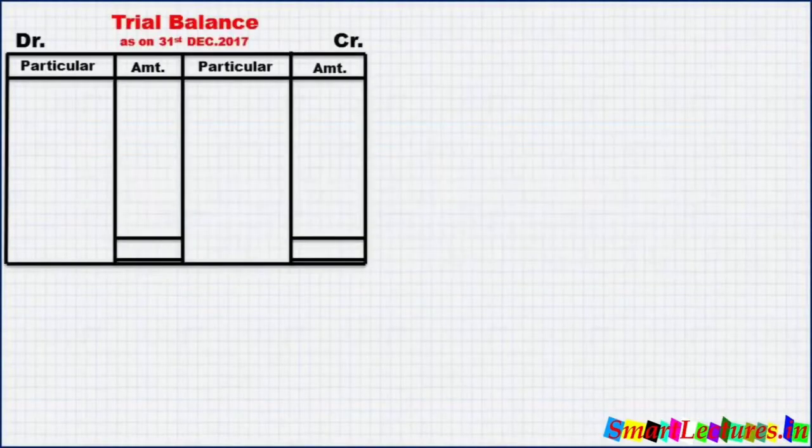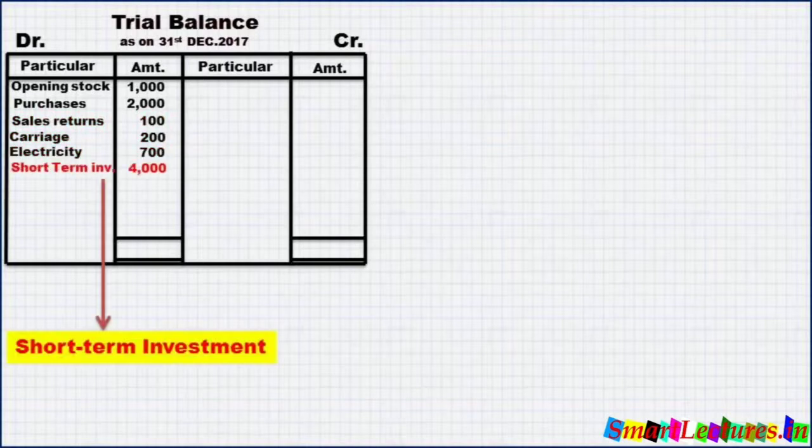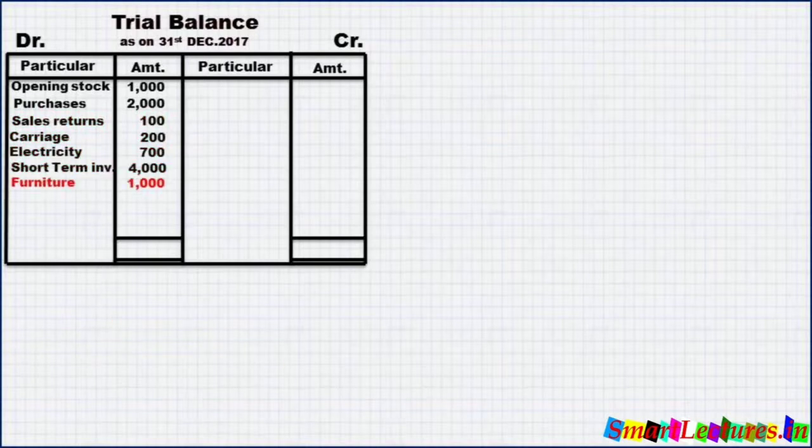Let's take another example. This is the trial balance as on 31st December 2017. Opening stock 1000, purchases 2000, sales returns 100, carriage 200, electricity 700, short term investment 4000, furniture 1000, copyrights 2000.